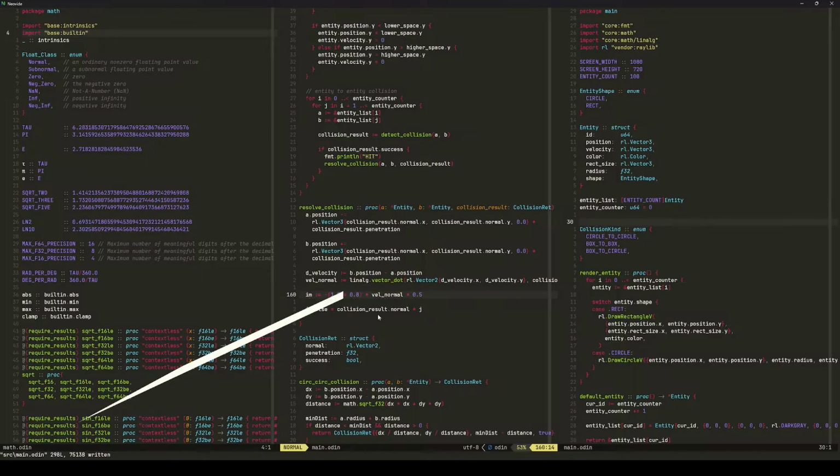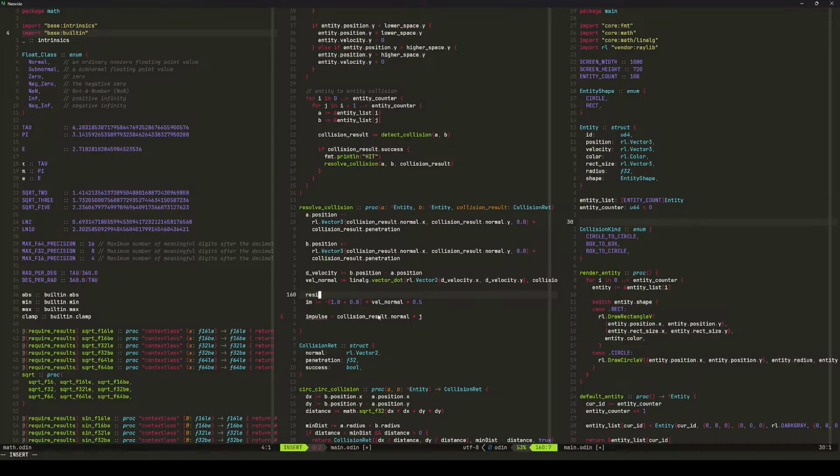F doesn't exist. Restitution. Just naming it would be much better because I just don't know what it means, so having a label would be better to understand it.